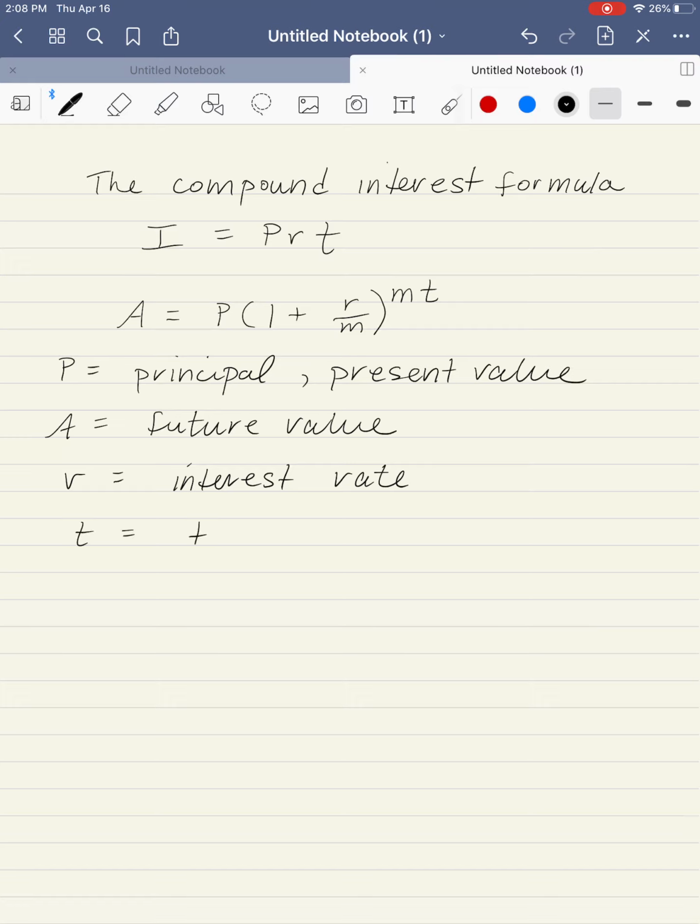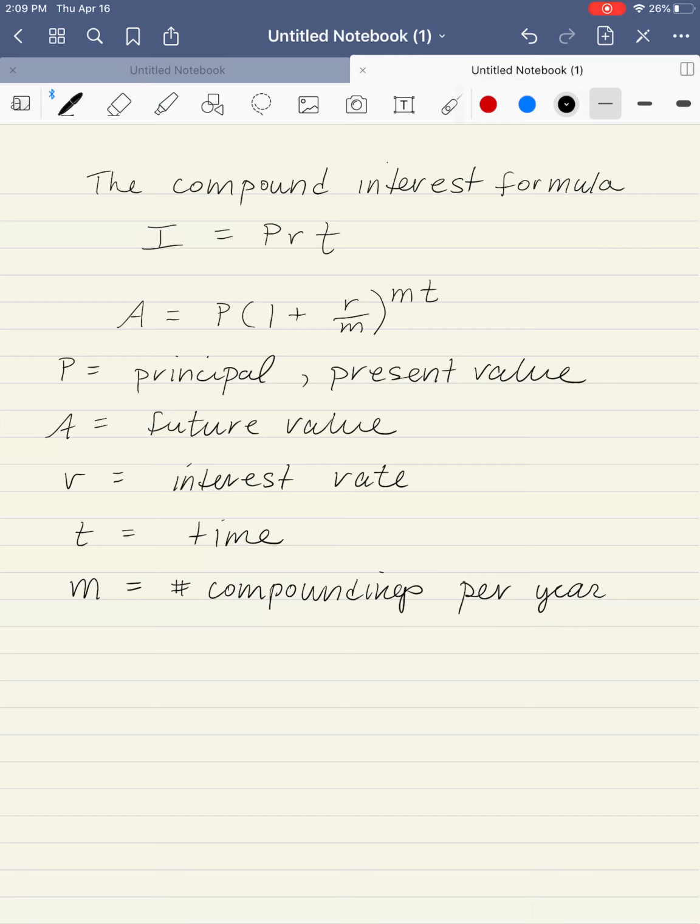And we're always going to express the interest rate as a decimal. T is the time in years. And M is the variable that tells us how often compounding takes place. So M is going to be the number of compoundings per year.